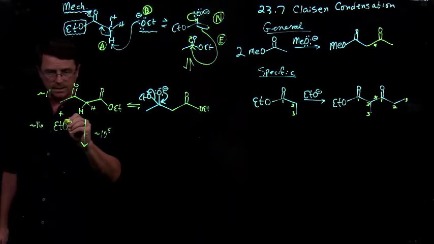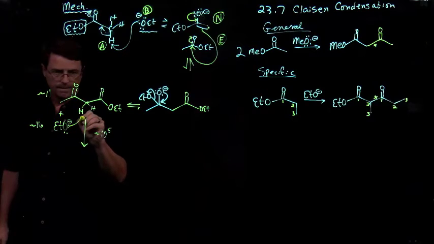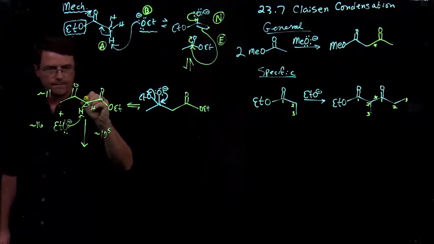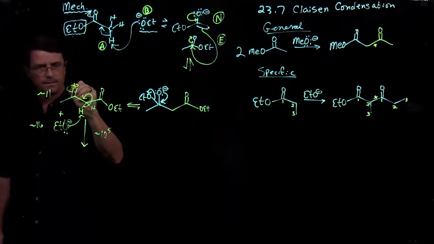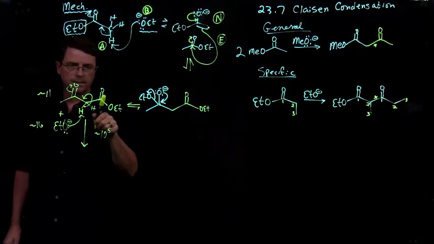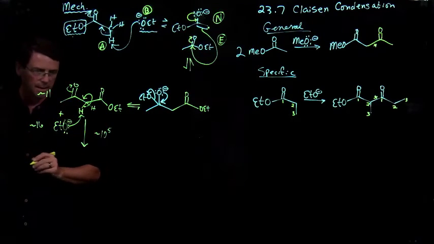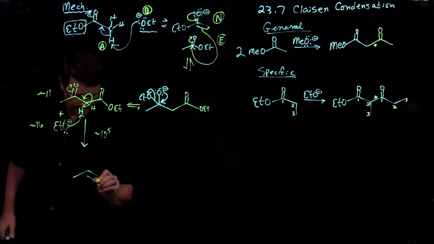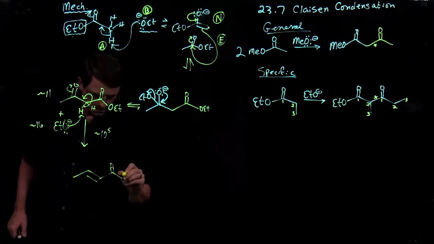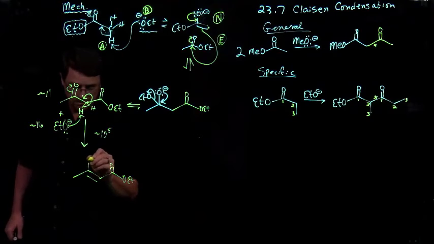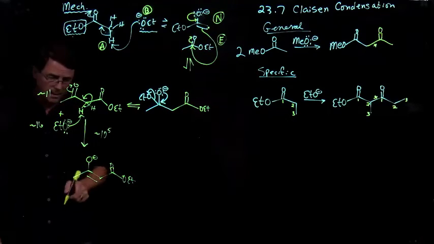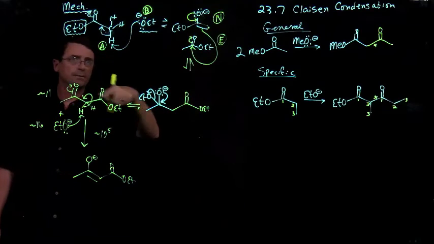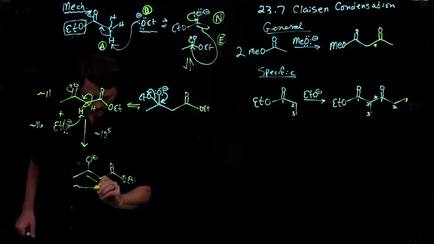So the ethoxide deprotonates that acidic hydrogen that is alpha to the ester and alpha to the ketone. This produces an enolate, effectively an irreversible reaction that shifts this equilibrium and all of these intermediates over to give us a good yield of product.